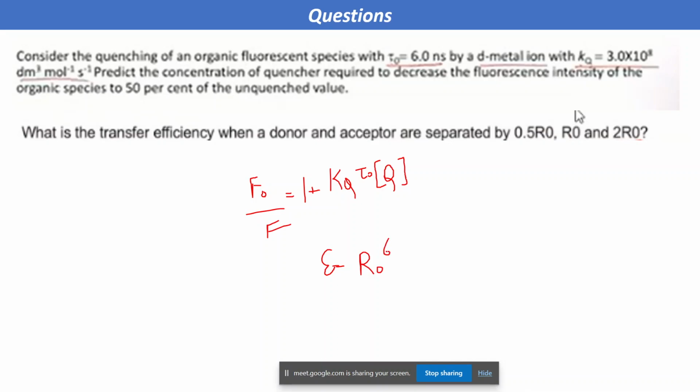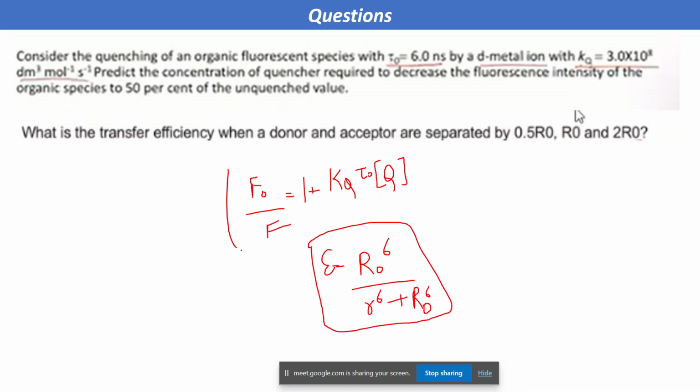This is Forster radius R naught, and small r is the distance between the donor and acceptor. This formula you have to remember. And make sure you remember that F naught is the fluorescence intensity in absence of quencher, and F is the fluorescence intensity in presence of quencher.